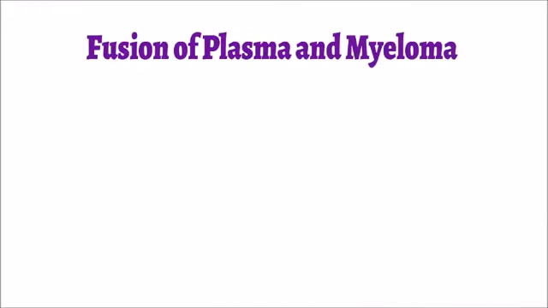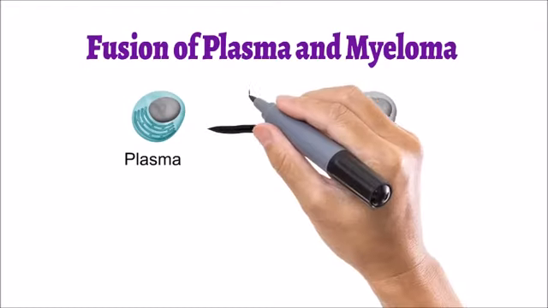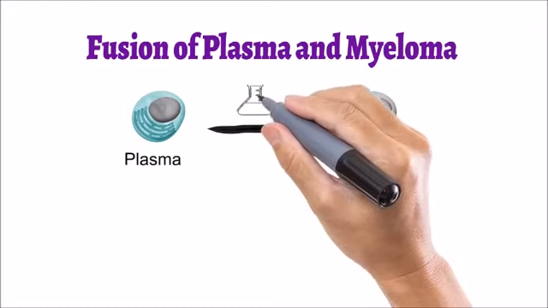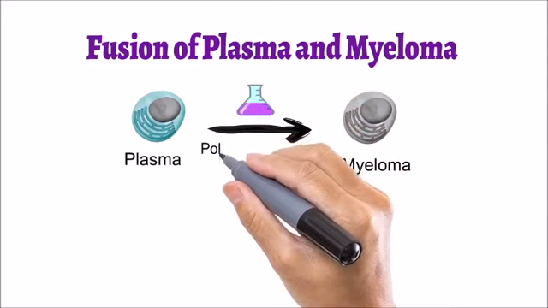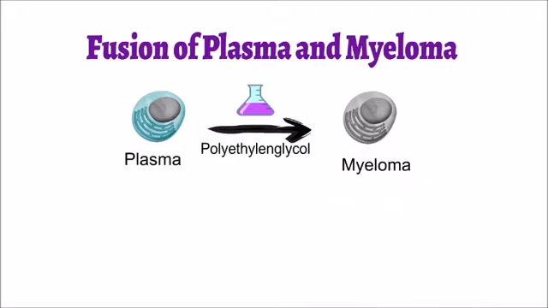After the purification of plasma cells, they are fused with myeloma cells. The fusion procedure is carried out in the presence of polyethylene glycol, and sometimes electroporation can also be used.